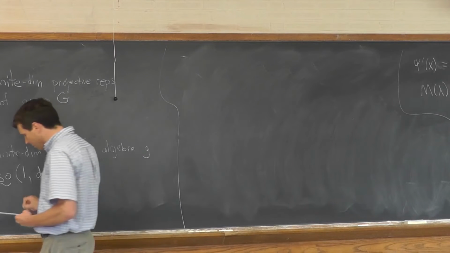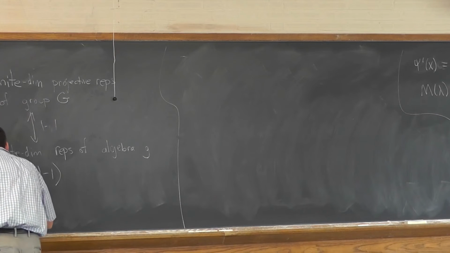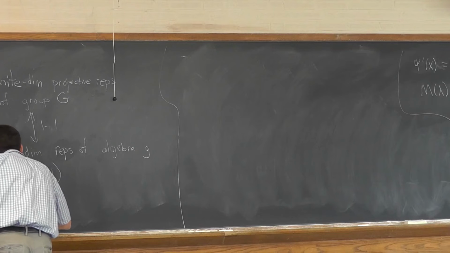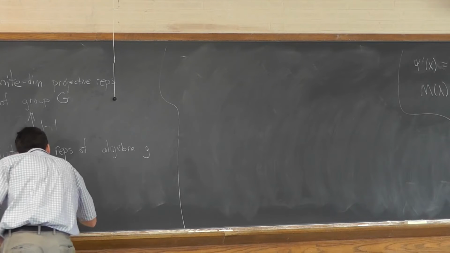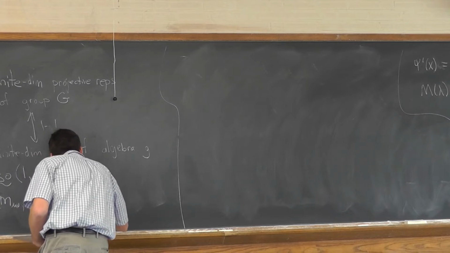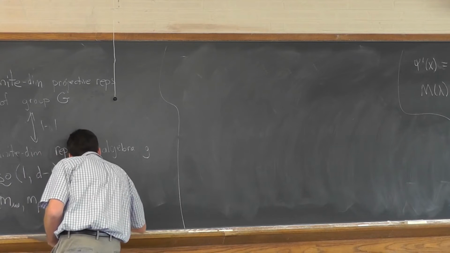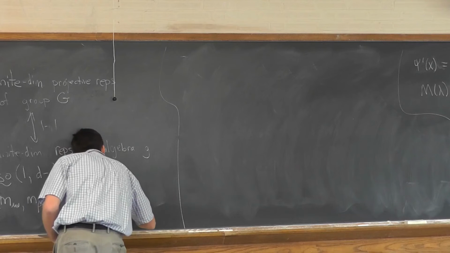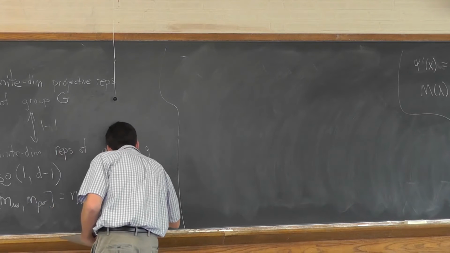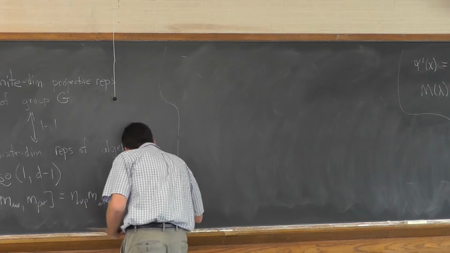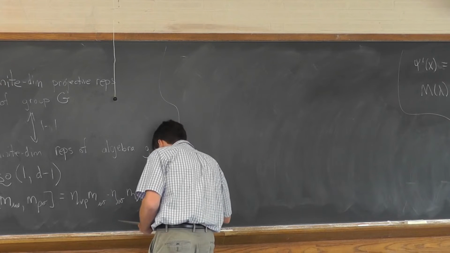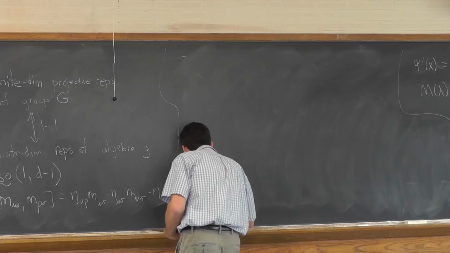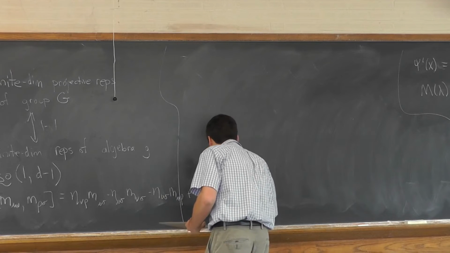So what we really care about are representations of this Lie algebra, which I'll write for reference. [M_{μν}, M_{ρσ}] = η_{μρ} M_{νσ} − η_{νρ} M_{μσ} − η_{μσ} M_{νρ} + η_{νσ} M_{μρ}.